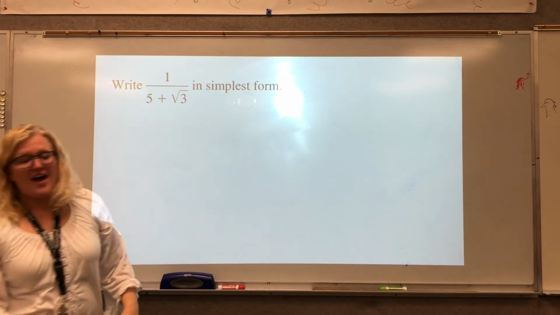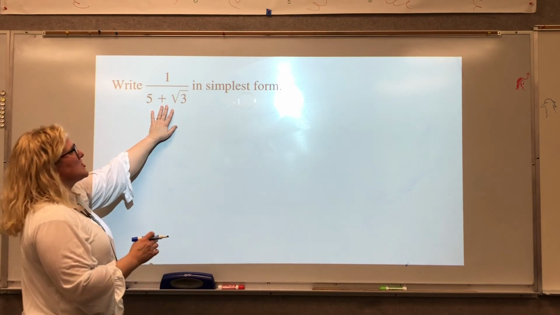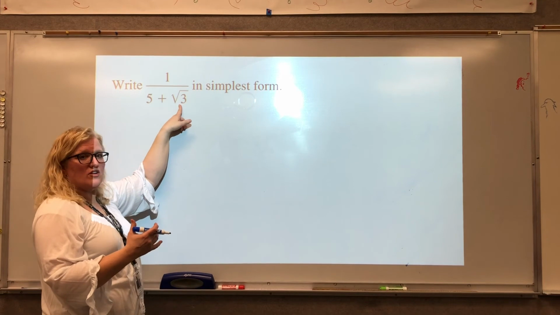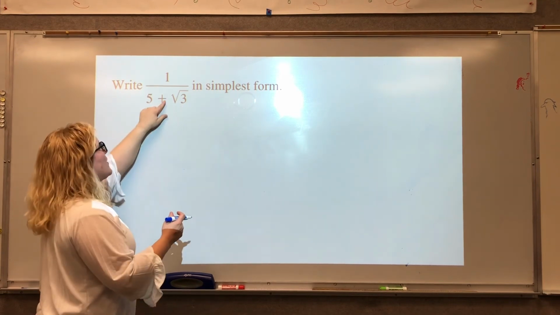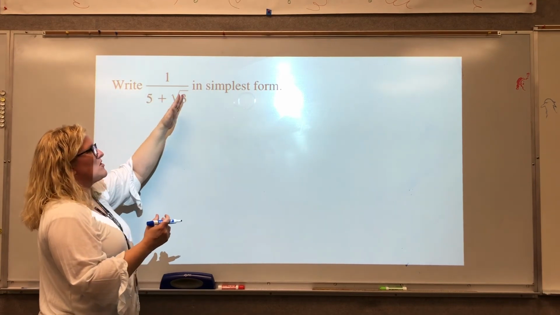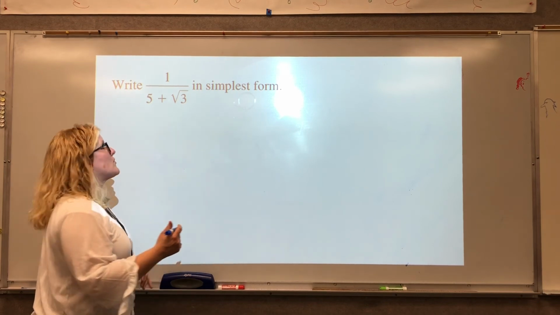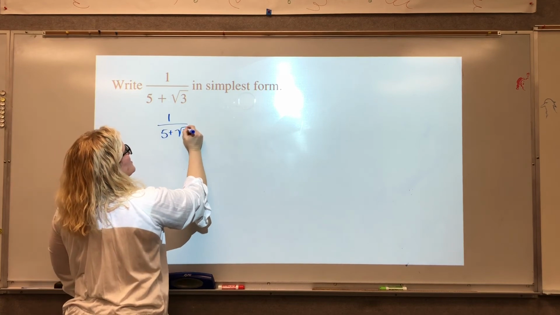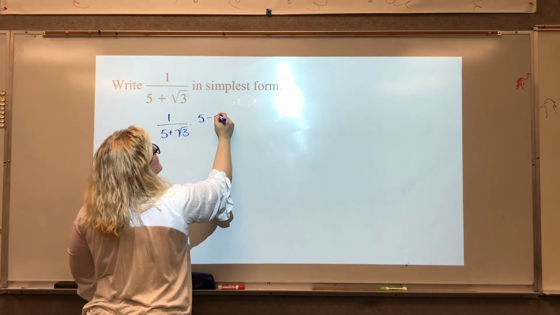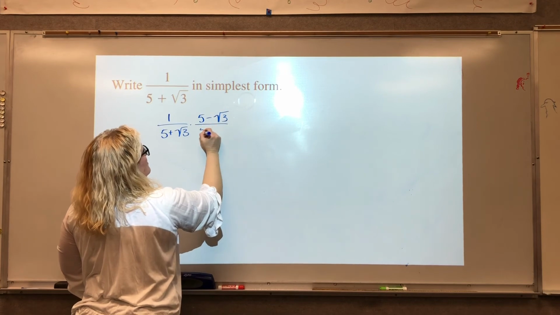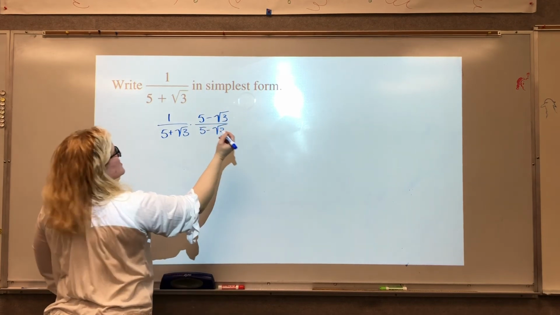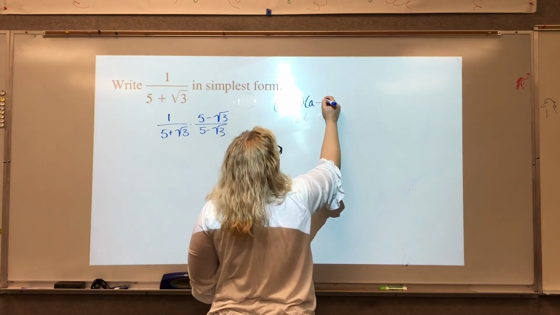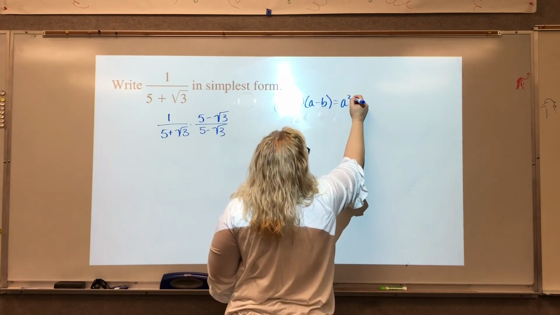So let's say we have 1 over 5 plus the square root of 3. This is not in its simplest form because we have a radical in the denominator. But we also have a plus here, so I can't just multiply by the square root of 3 over the square root of 3. But when I multiply it by its conjugate, 5 minus the square root of 3, I have this situation: a plus b times a minus b equals a squared minus b squared.